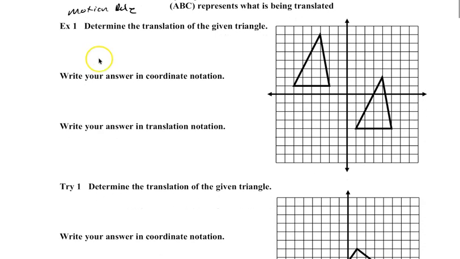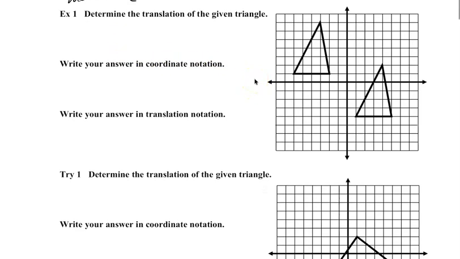Okay, so for this first answer, we want to see how we get from this image, say we call this A, B, C, to this image right there. All we have to do is figure out how much it moves in each direction. Let's go first horizontally. How do I get from this A to this A?